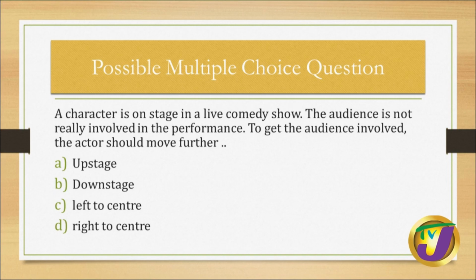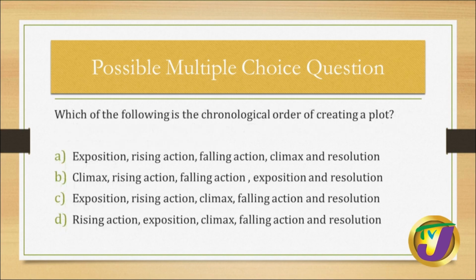All right. And so the other question, which of the following is the chronological order of creating a plot? Remember, we talked about the plot structure, yeah? So we have the exposition, the rising action, the falling action, the climax, and the resolution. Or is it B, the climax, then the rising action?